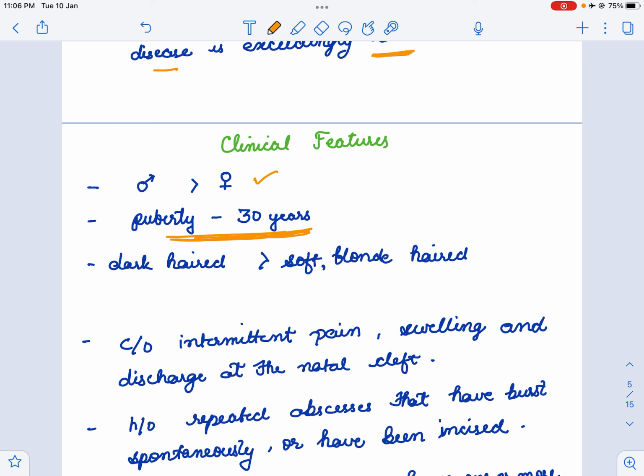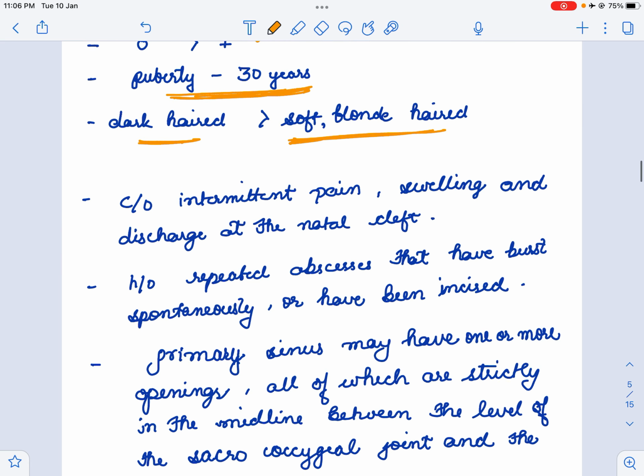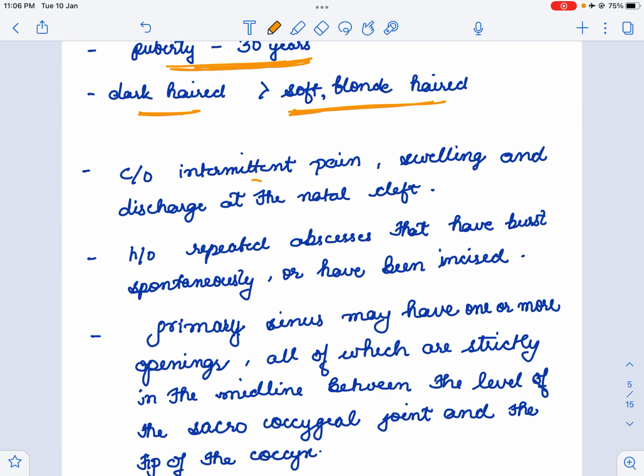It is more common in dark haired people than people who have soft blonde hair. Dark hair, which is coarse, is more predisposed to pilonidal sinus than soft hair. Now, these patients complain of intermittent pain, swelling, and discharge at the natal cleft.